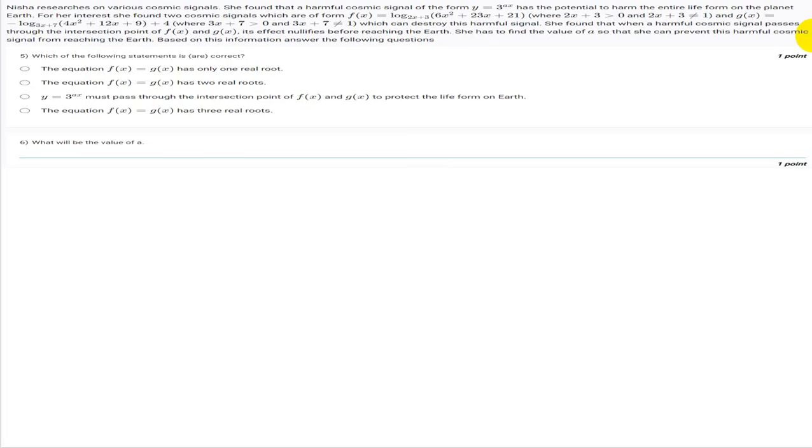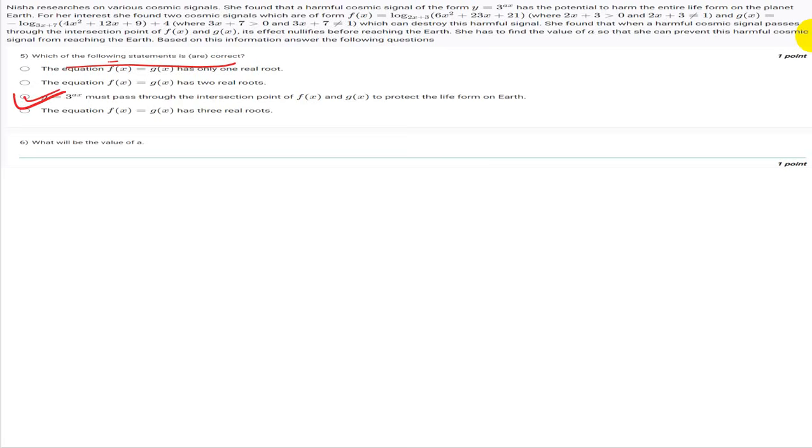Which of the following statements are correct? But on the website it is given as a single correct answer. See, this option is obviously correct because it is given in the question that y = 3^(ax) must pass through the intersection point of f(x) and g(x) to protect the life form on earth.